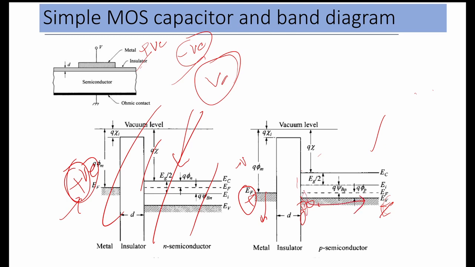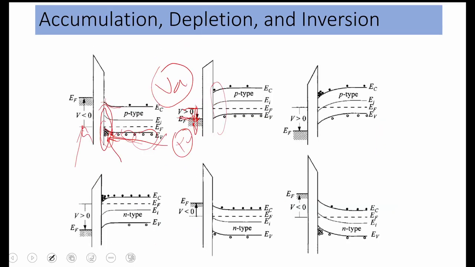So there will be a scarcity of holes at this junction. The holes are moving farther and farther, so the holes are depleting. As we apply the positive voltage, it is depleting the charge carriers at the junction.